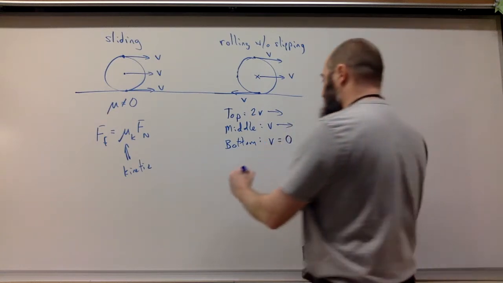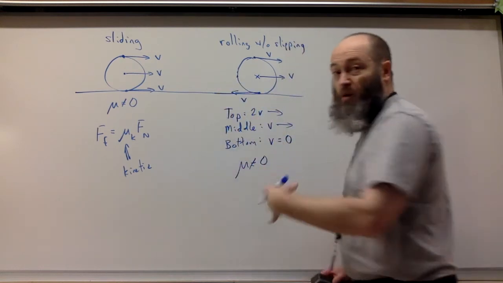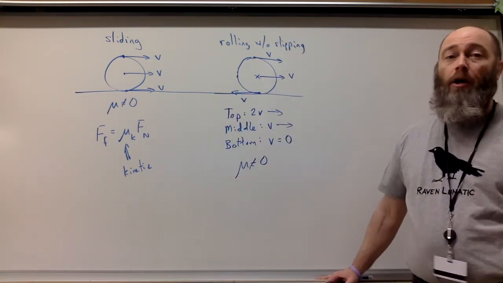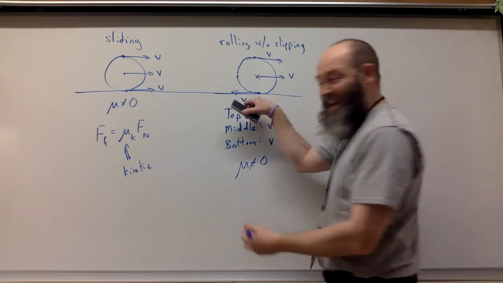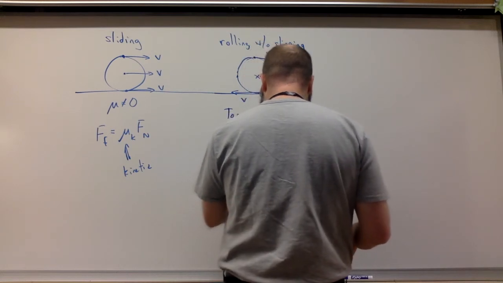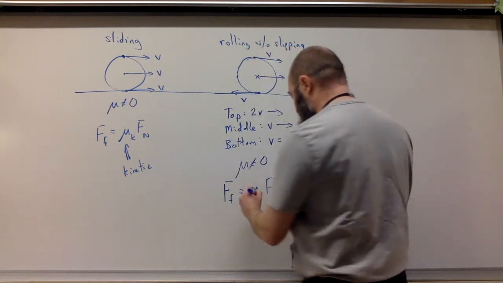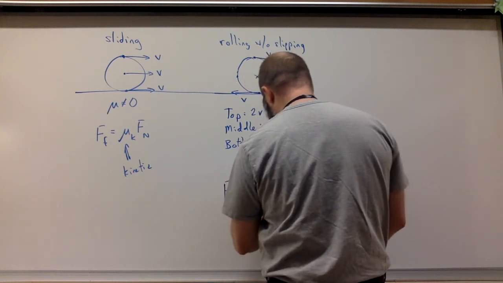Okay. Remember, there has to be friction. Otherwise, it's not going to roll. It's going to just slide. And then if, with respect to the ground, it's not moving, that means this has to be static friction.